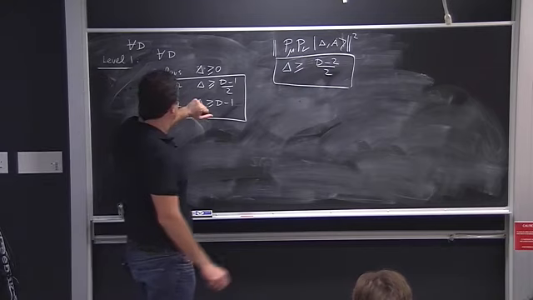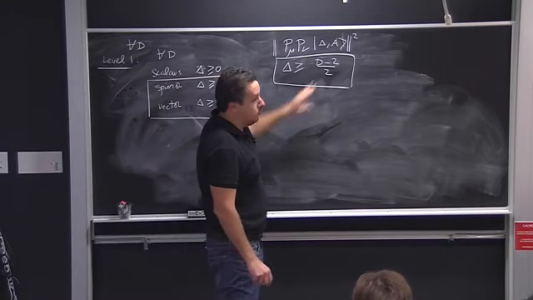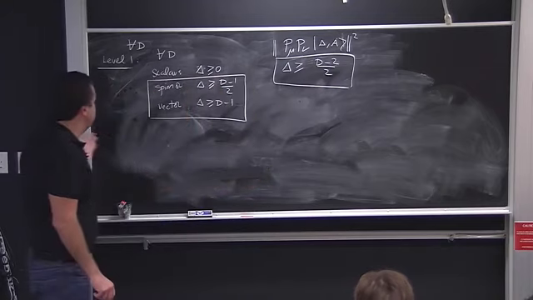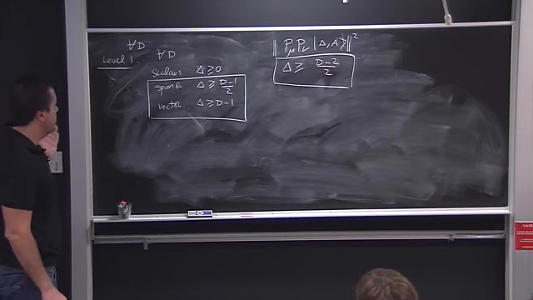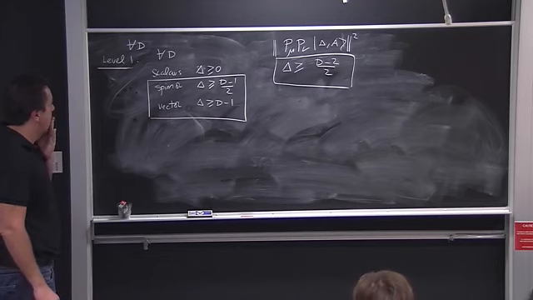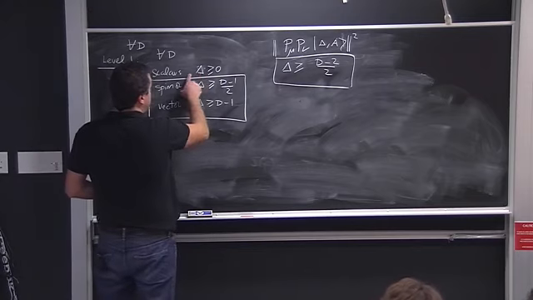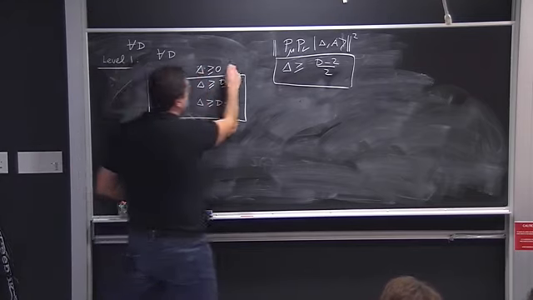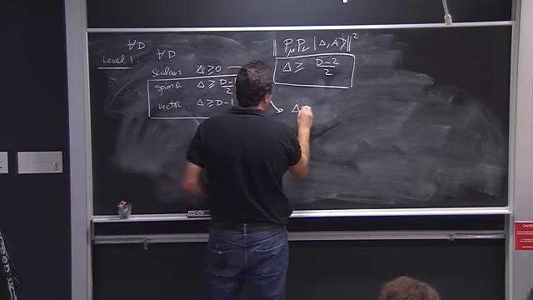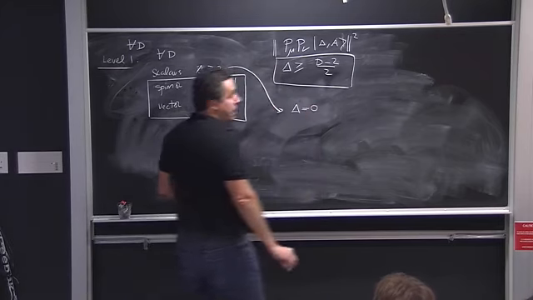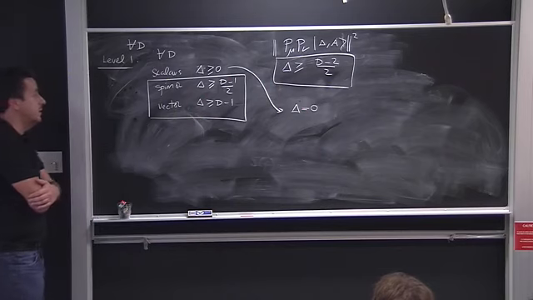Now, you can ask, what happens when I saturate the bound? First of all, let's go here. I can have delta equals 0. This is a bound that came from the level 1 analysis.